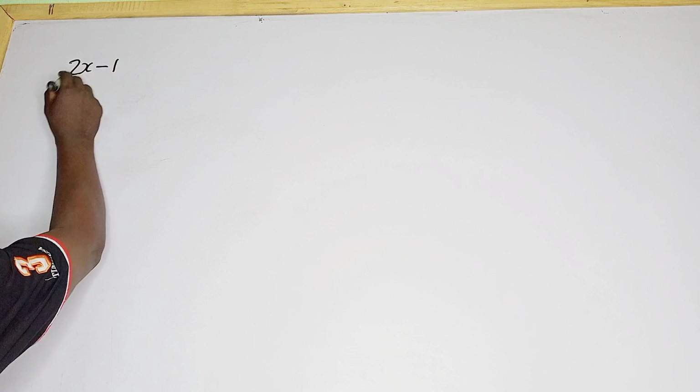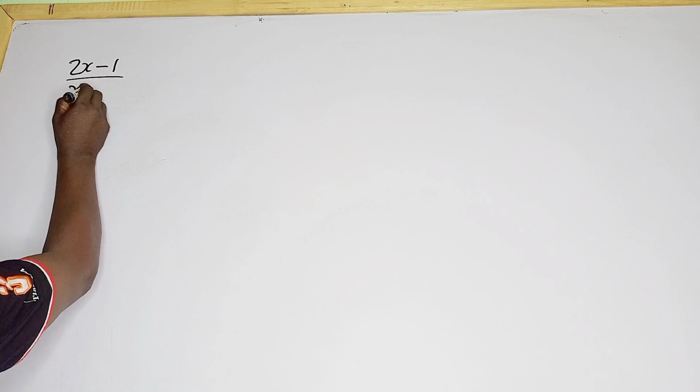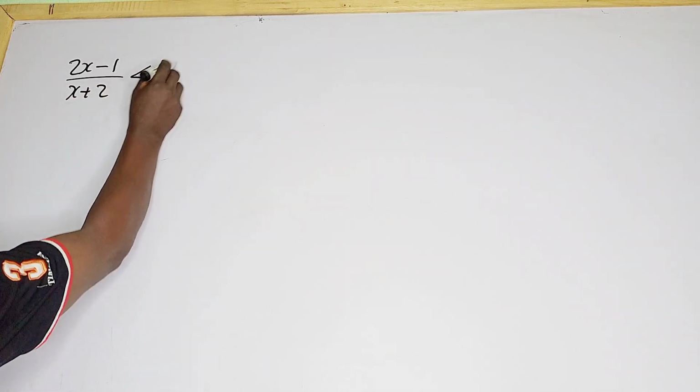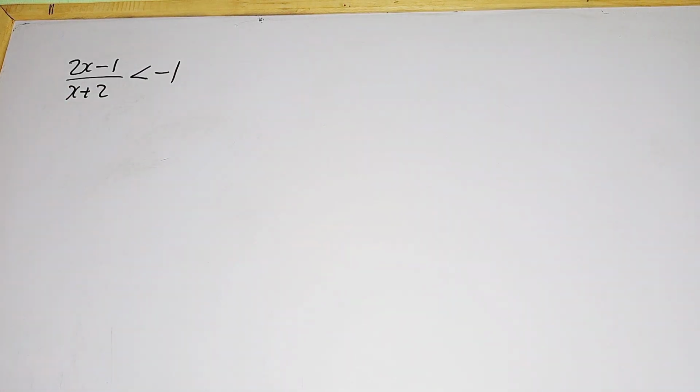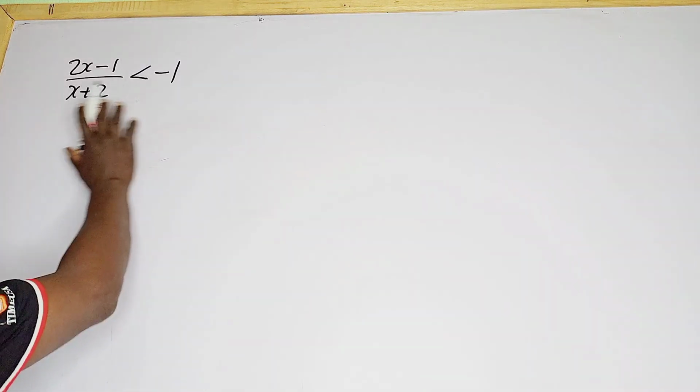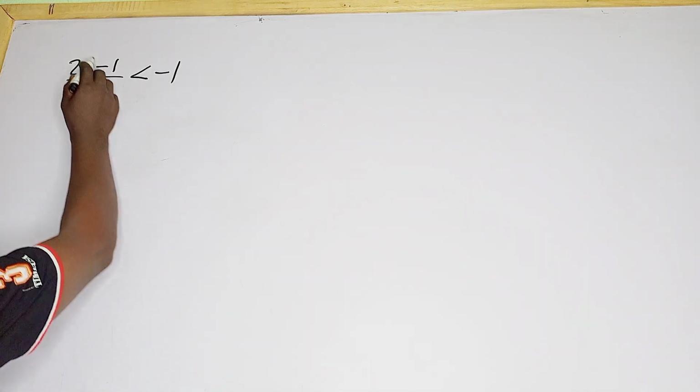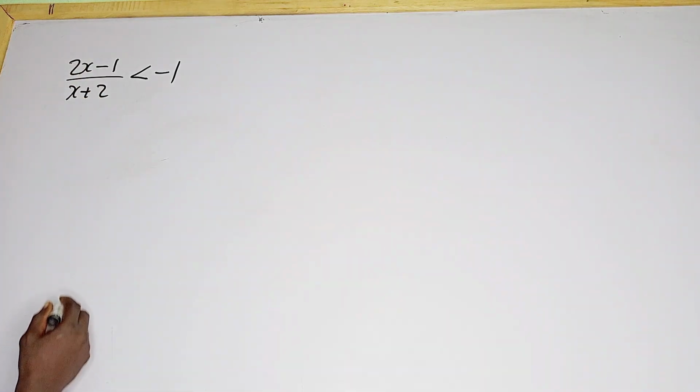Now, our first inequality says we have (2x - 1)/(x + 2) < -1, to solve for the values of x. We want to get a set of solutions for this inequality. If we look at the left hand side, it's a rational expression.